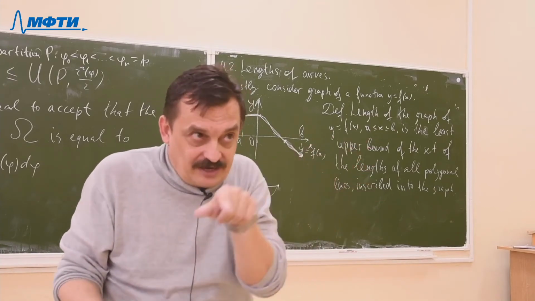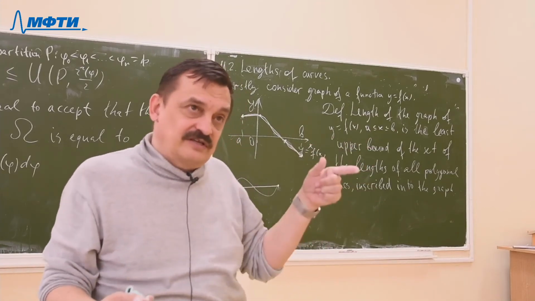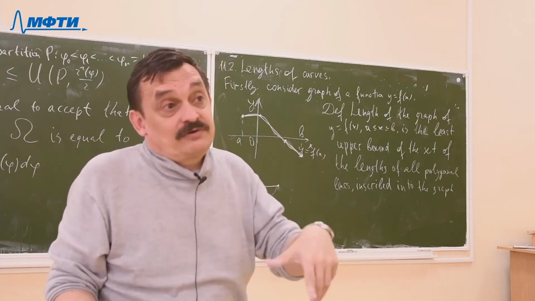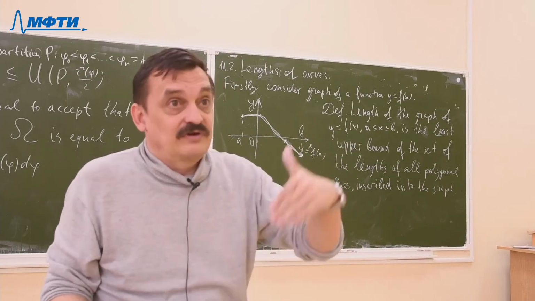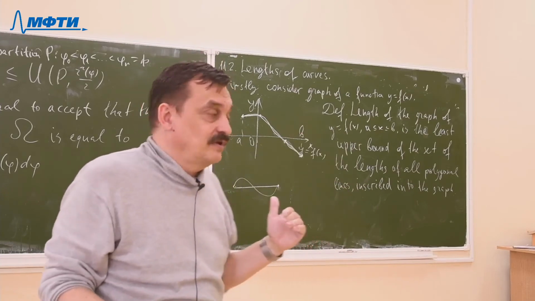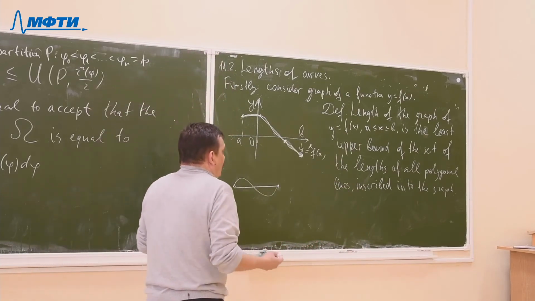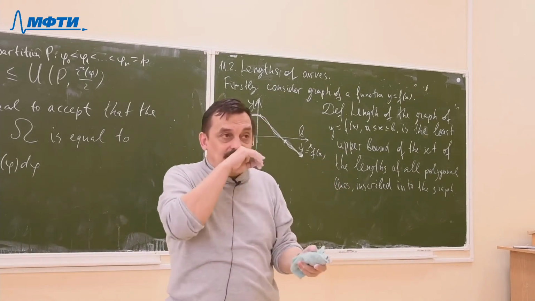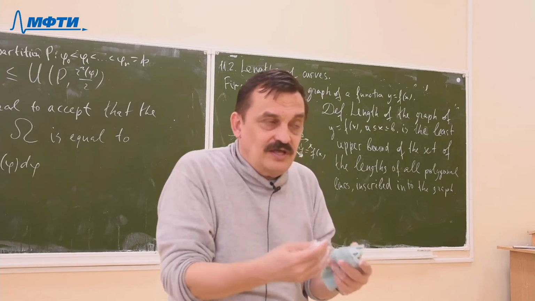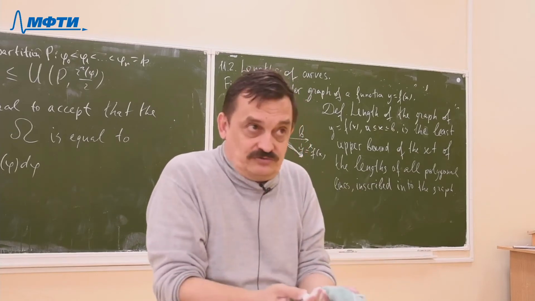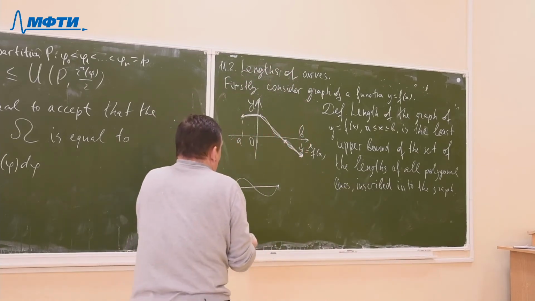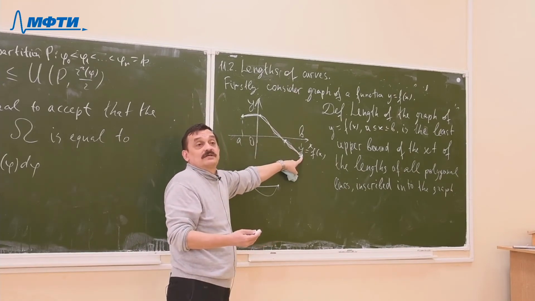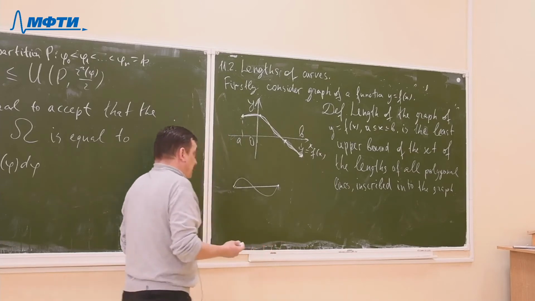If it is inscribed into our graph, then it has length which is less than or equal to the length of our graph. And the least upper bound, what does it mean? It means that we can approach it as closely as we want by the length of our polygonal line. Okay.